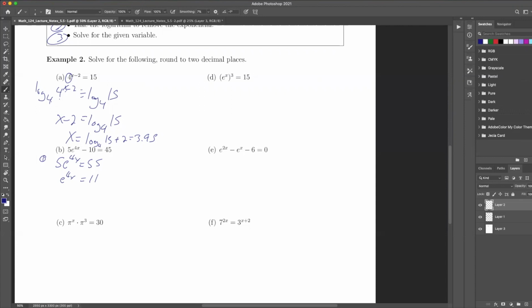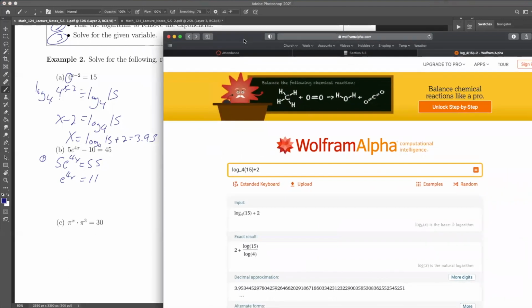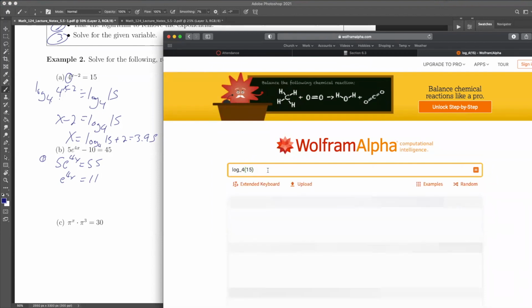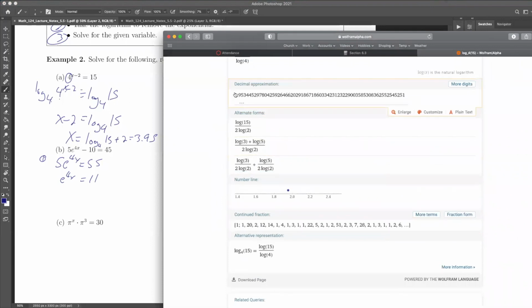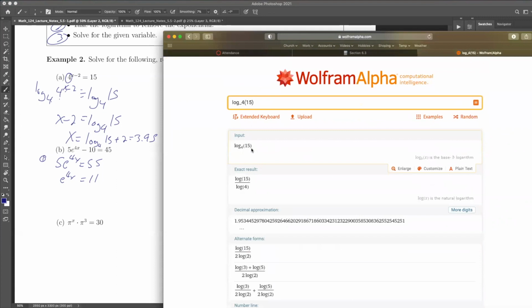Can you explain how I got the 3.95? Oh yeah, I just typed this in a calculator. That's how I got it. Log base 4 of 15 is just some number, right? In fact, that number is 1.95. So log base 4 of 15 is a number we just crunch in a calculator, okay?